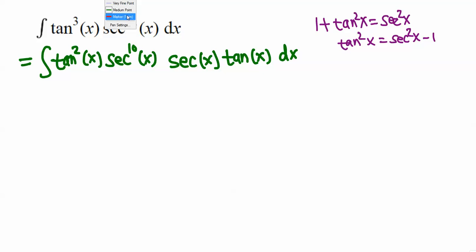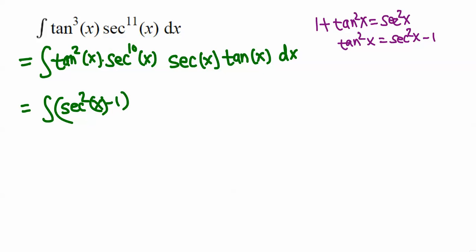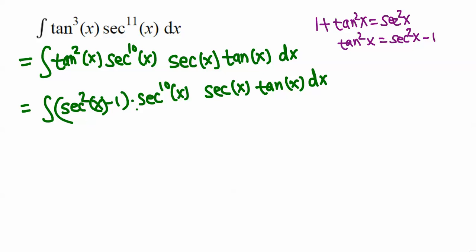So we now have tangent squared as secant squared minus 1, times secant^10, and that will be the derivative of secant. So we have a function of secant here.